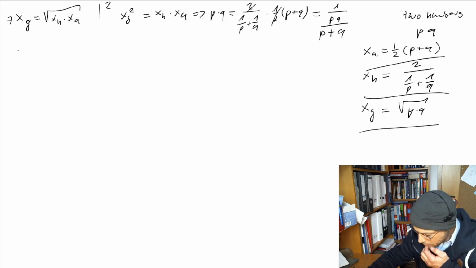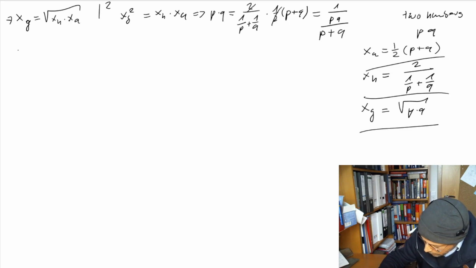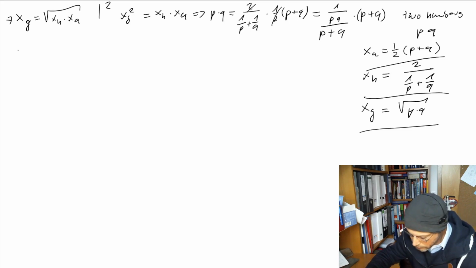Did I do anything wrong? Times p plus q, because now it doesn't cancel out. Where's my fault?